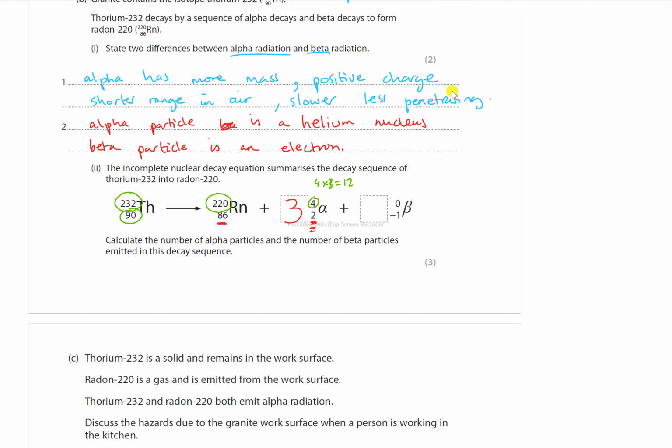So you've got 90 and 86. 3 times 2 is 6. 86 plus 6 is 92. But we've only got 90 here, so we need a -1 here, -2. We need two of them.